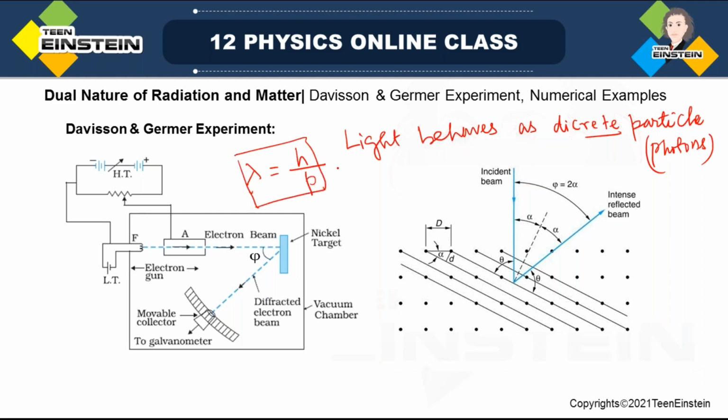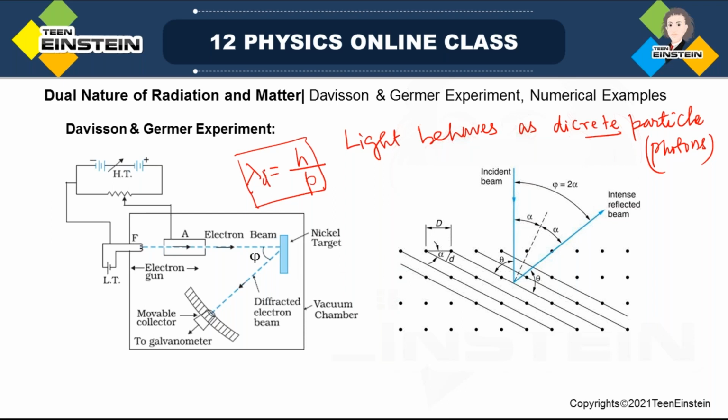This is de Broglie's equation or de Broglie's hypothesis, whatever you say. p is the linear momentum. So a material particle in motion can also behave as wave.